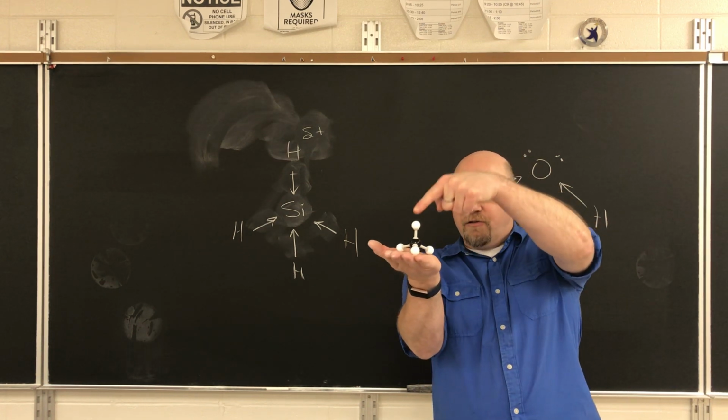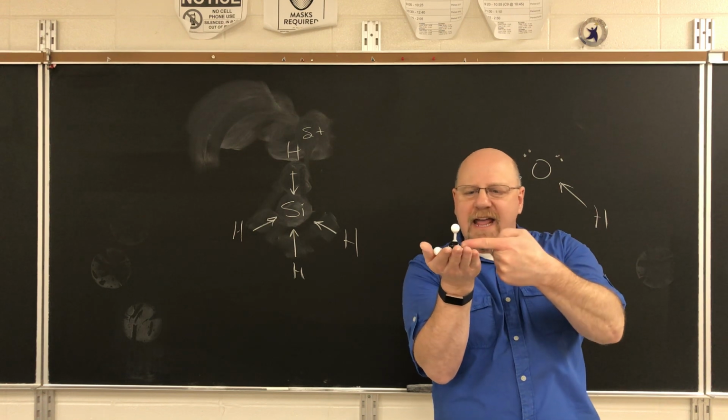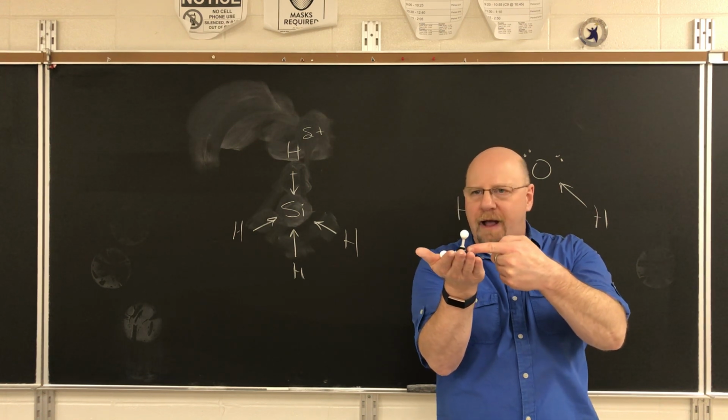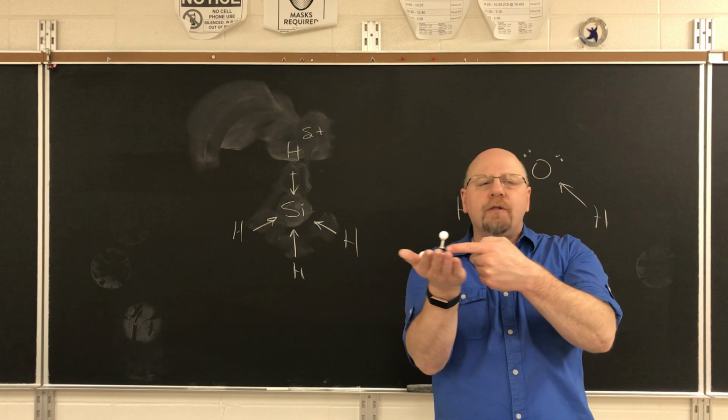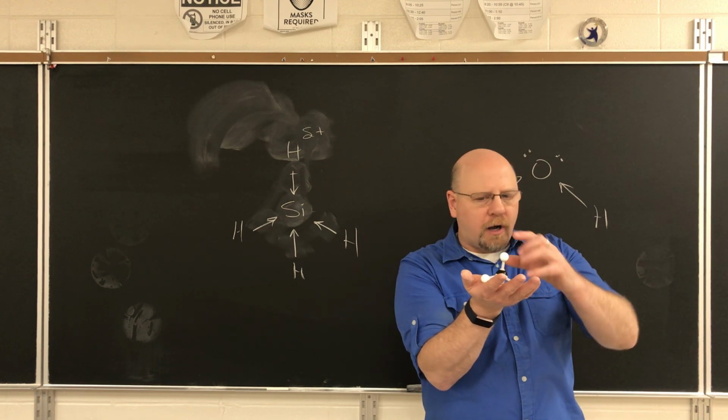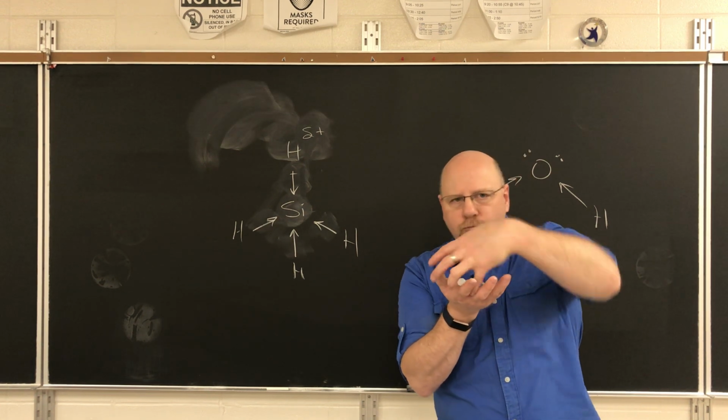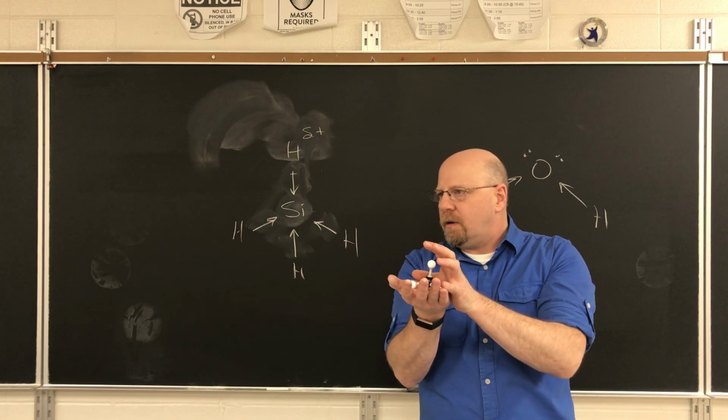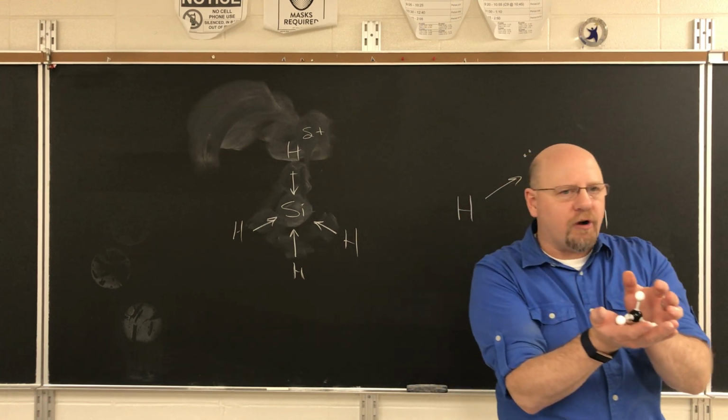Now, yes, I do have positives out here, and I've got the negative charge concentrated around the central atom. But when we look at the molecular polarity, we're concentrating on the outside, around this molecule. Do we have an imbalance in charge?